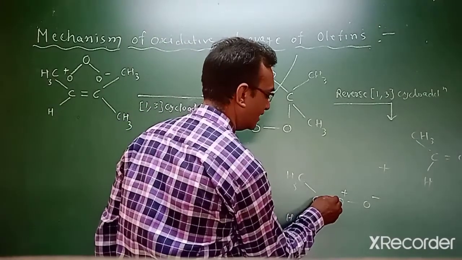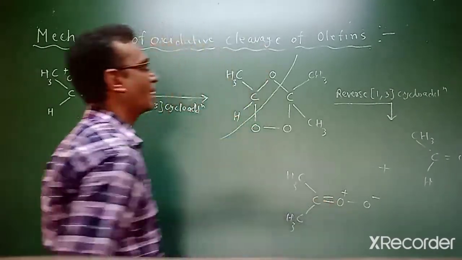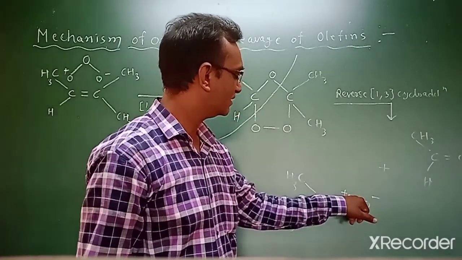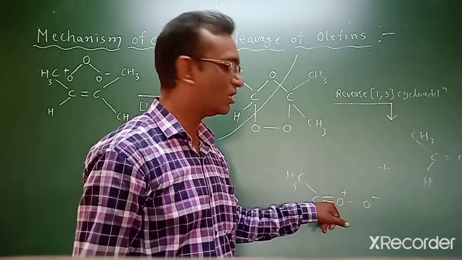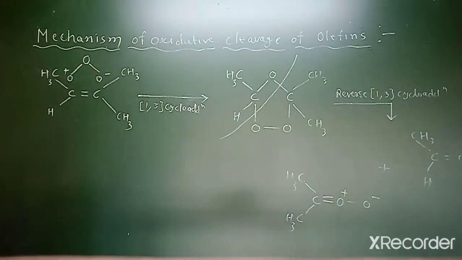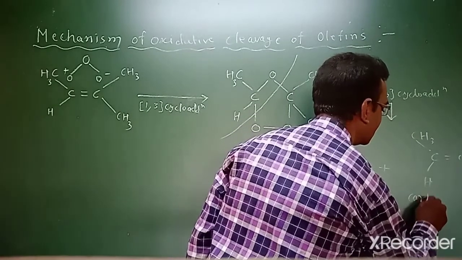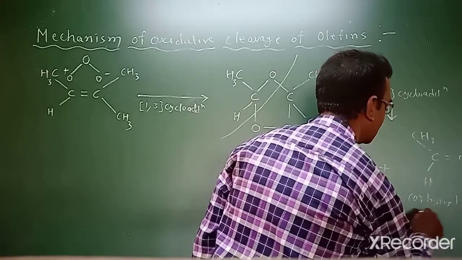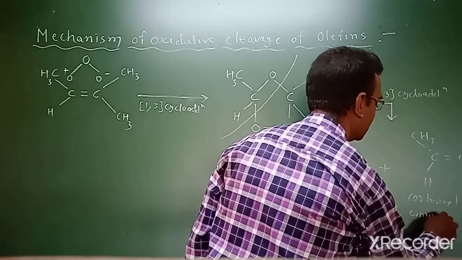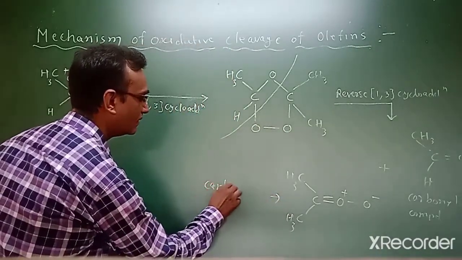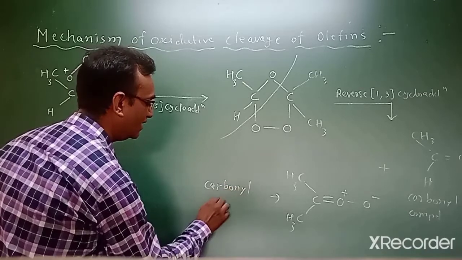And also there is formation of a double bond. Actually, this positive charge will develop due to the transfer of electrons to the carbon-oxygen bond to form a carbon-oxygen double bond. In such a way, this carbonyl compound is formed, and this is the carbonyl oxide.